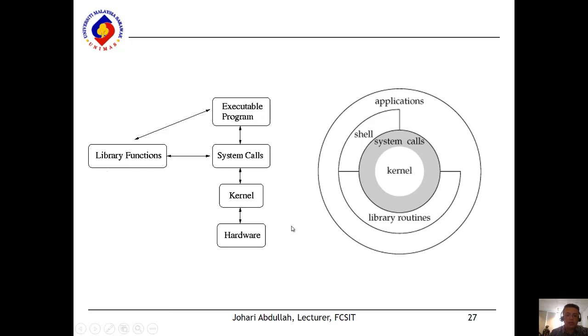I'll come back to this diagram later to link the difference between system call and library function. A library function is the high-level function that you used in your Introduction to Programming in the first year. A system call is actually a direct access to the kernel, unlike the C library that we have.